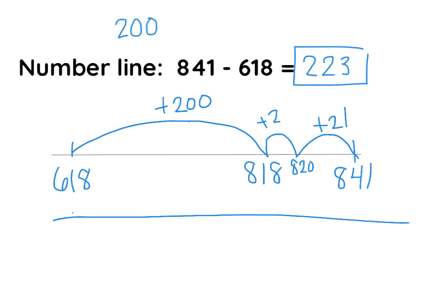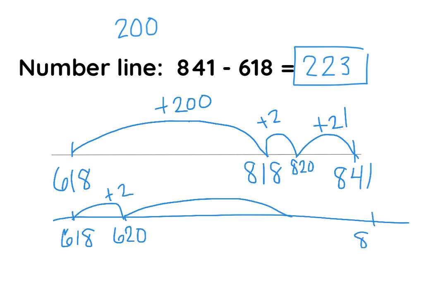Now, you might have just started at 618 and added a 2 to 620, added, oops, we need a goal down here. We need to get to 841.